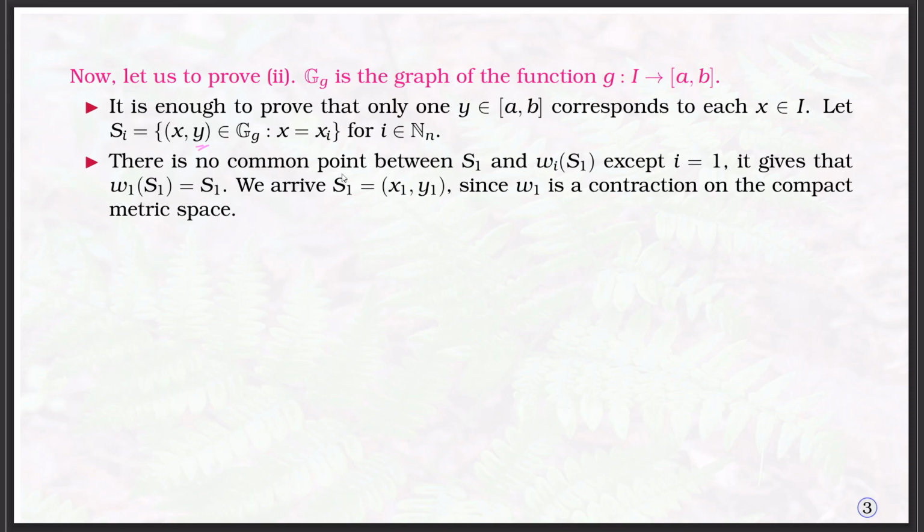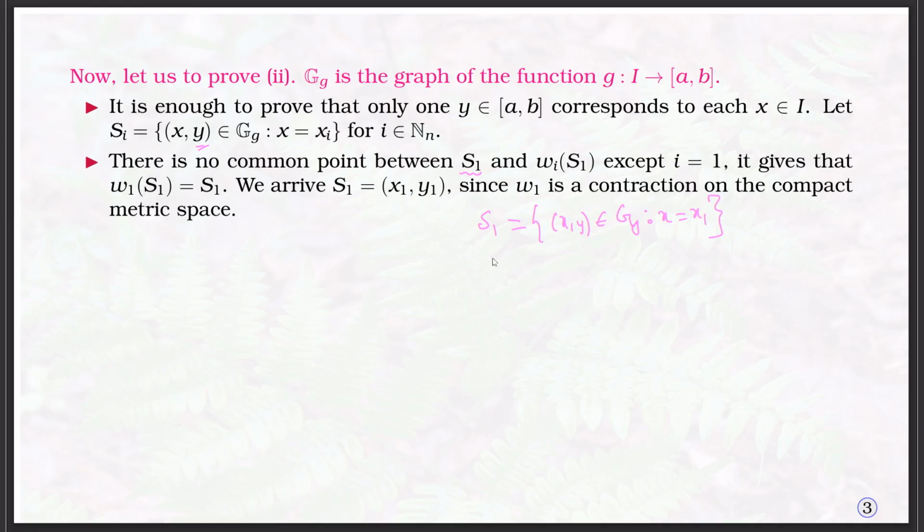There is no common point between S1 and W_i of S1 except i equals 1. It gives that W1 of S1 equals S1. We arrive at S1 equals (x1, y1). Since there is no common point between S1 and W_i of S1, what is S1? S1 is defined as (x, y) belongs to the graph of g such that x equals x1.